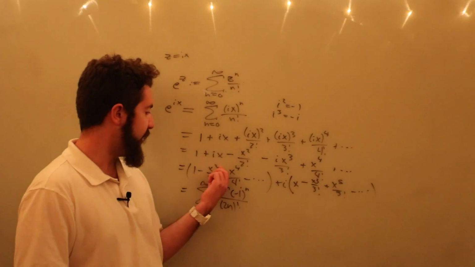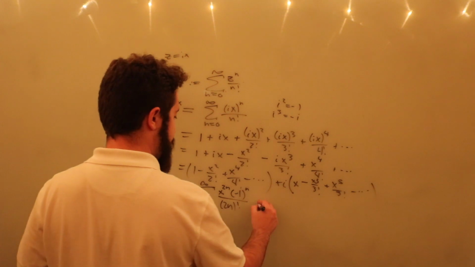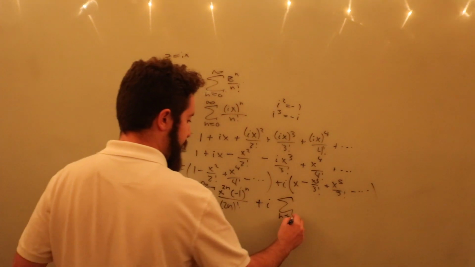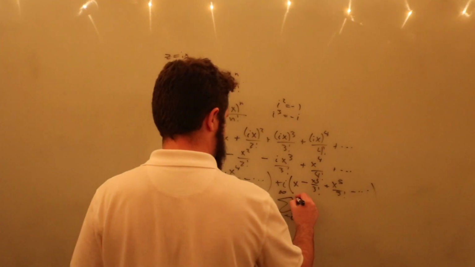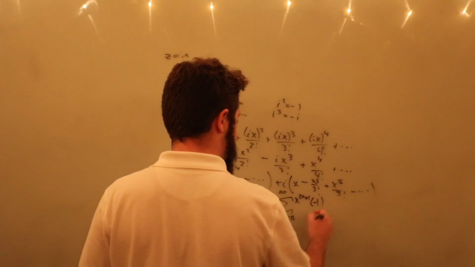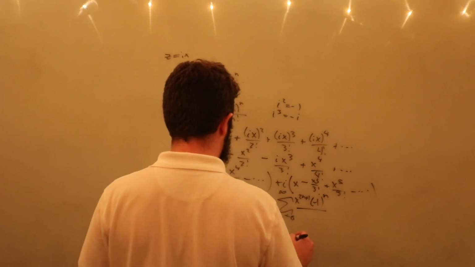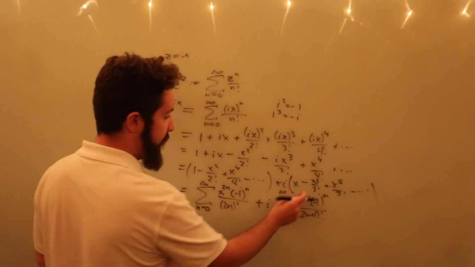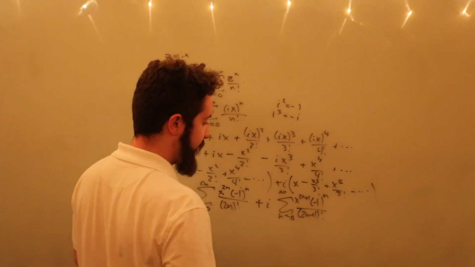You see that? We're getting the even powers and the even numbers in the denominator. And this is going to be plus i times the sum from n equals also 0 to infinity of x to the 2n plus 1 times negative 1 to the n all over (2n plus 1) factorial, where we're getting only the odd powers of x and the odd numbers in the factorial here.